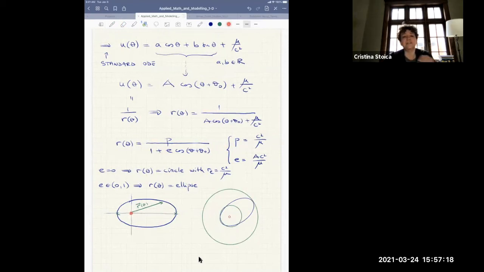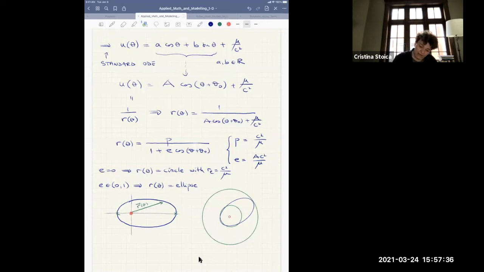Gravitation is a very, very particular case of central force. It has so many properties that are just out of the ordinary. Let's just put it like this, it's quite special. Okay.